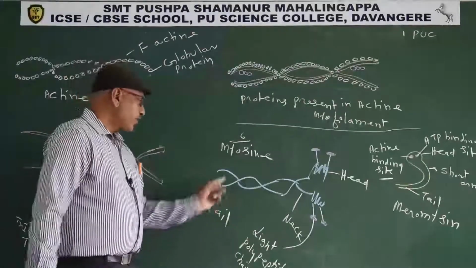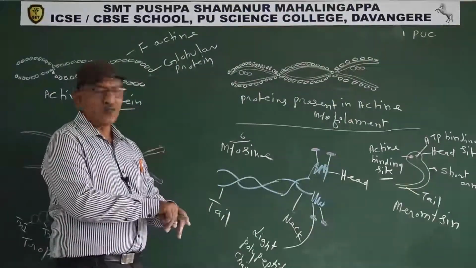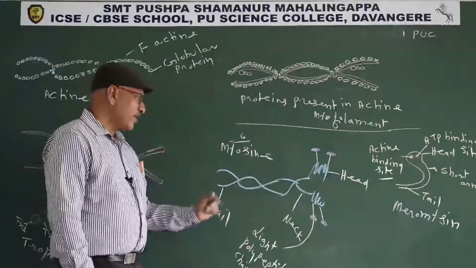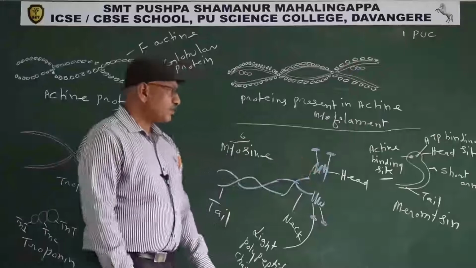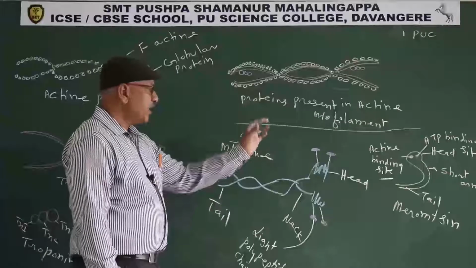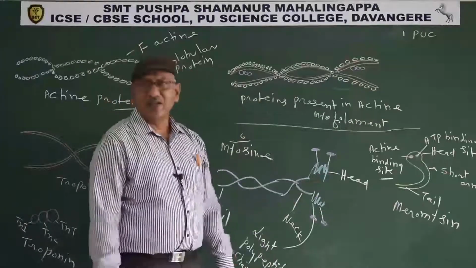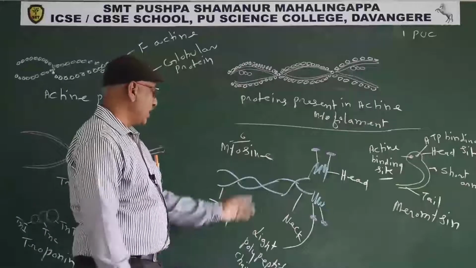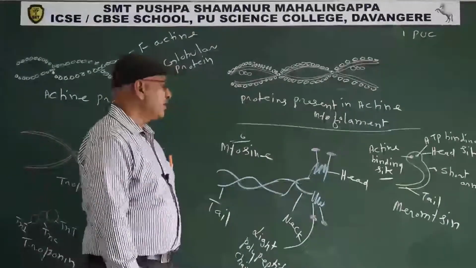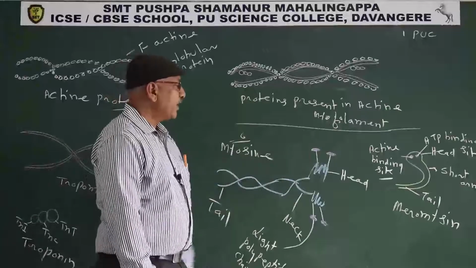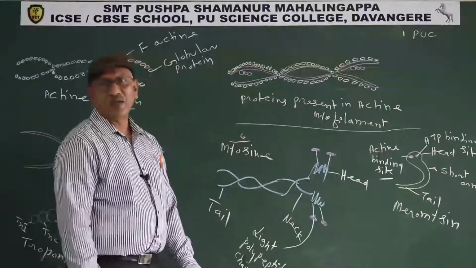On one end, the 2 heavy polypeptide chains coil, as a result a tail is formed. On the other end, each heavy polypeptide chain folds, as a result a head is formed. So myosin protein contains 1 tail, 2 necks and 2 heads. Each head attaches to 2 light polypeptide chains.